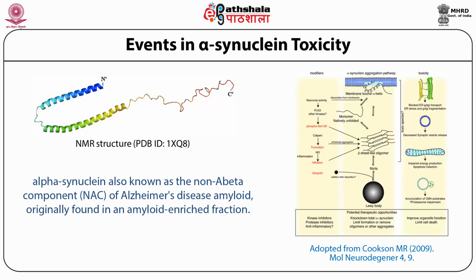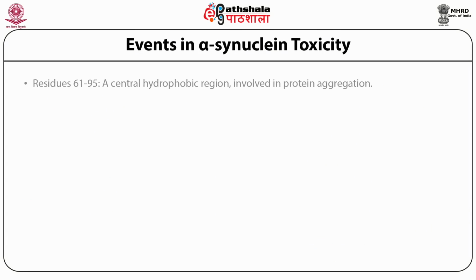There are several ways one thinks that the aggregation of this alpha synuclein could be stopped, by different kinase inhibitors and protease inhibitors, etc. So this is the Lewy body which is responsible for the disease symptoms. The residues between 61 and 94 are the central hydrophobic region involved in protein aggregation in alpha synuclein.